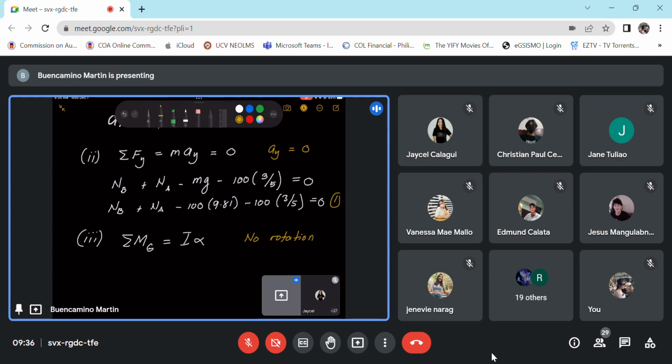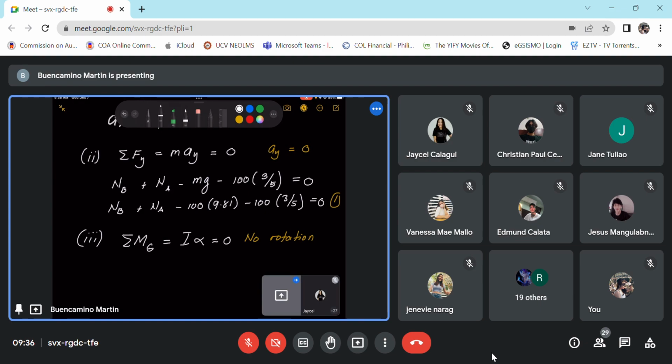Hindi nagro-rotate yung ating part. Otherwise, kung magro-rotate yan, hindi na yan cart. No? Hindi na yan natin magagamit yan. So, there's no rotation. And we can say, class, that since there is no rotation, the sum of the moment at the centroid is equal to 0.